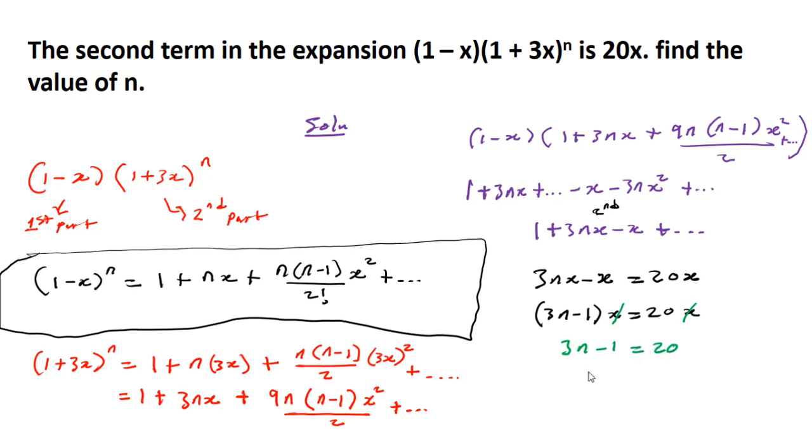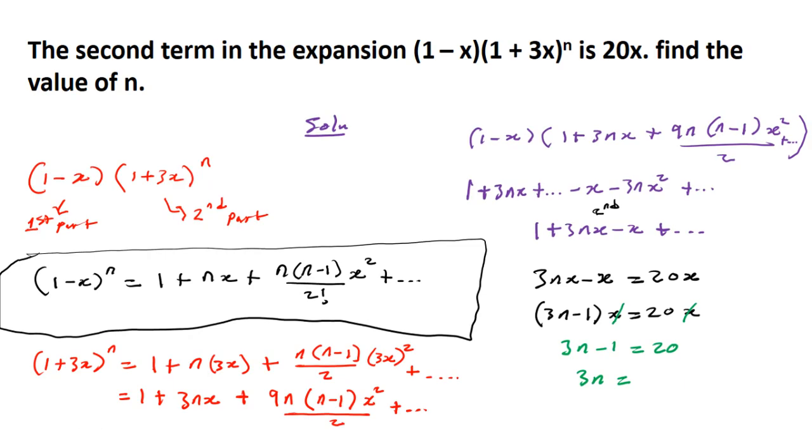When you work this out, you discover that 3n will simply be equal to 21, because the negative 1 will go to the other side and become plus 1. So this will be 21. After you have 21, you can divide throughout by 3.